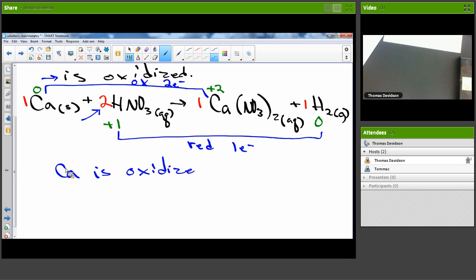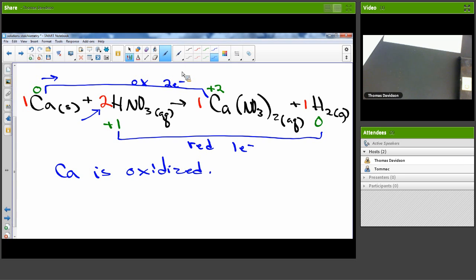You do not have to write half reactions till a much later chapter. So to get full credit for this problem, you have to have everything that's written right here. Ignore this is oxidized part. Well, how about I erase it? Then it'll be easy to ignore. All right, that would be full credit for this question.